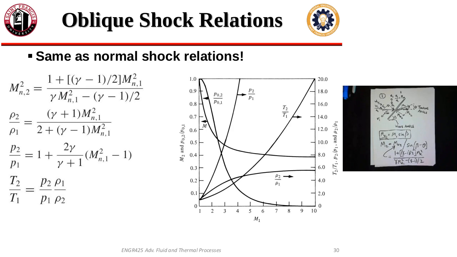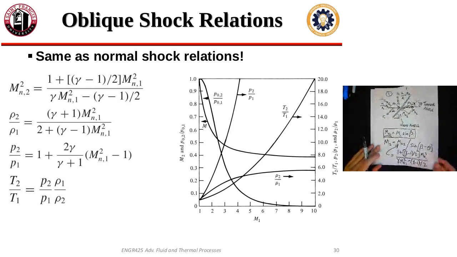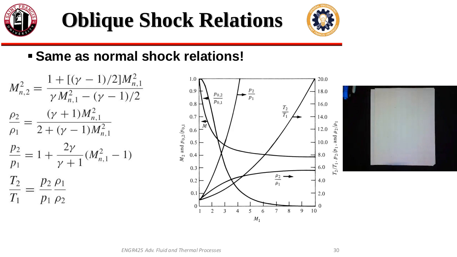So from geometry, I can get these relationships between my upstream velocity, downstream velocities, Mach numbers, and all that. And if I combine that with my continuity equation, I actually can come up with an expression that relates my wave angle, my Mach numbers, and all that jazz. And it looks something like this.